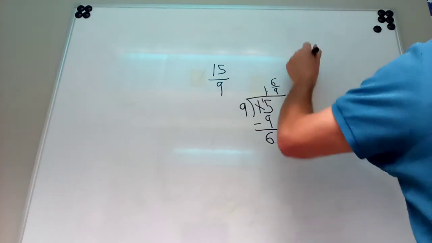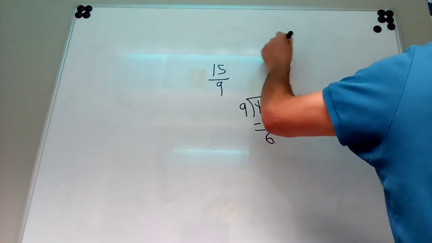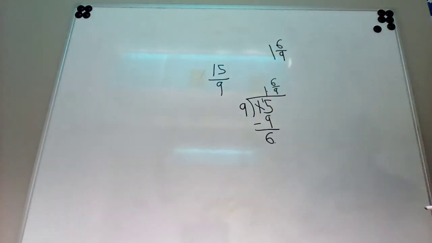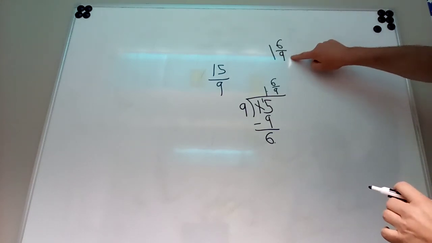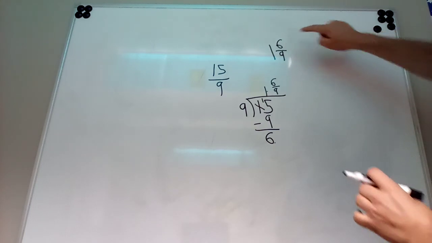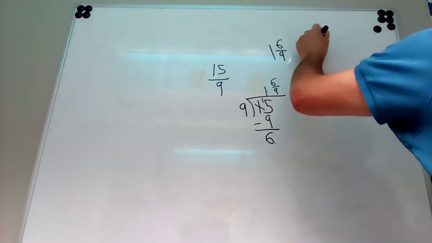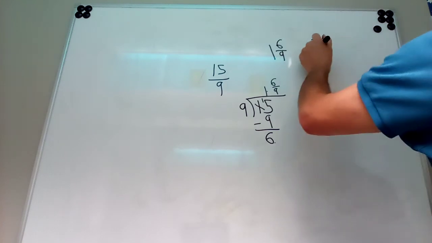Okay, so I've got 1 and 6 ninths, but now I'm going to look, will my 6 ninths reduce? Well, yes, I know that 3 will go into 6 and 3 will go into 9. So 6 divided by 3 would be 2, and 9 divided by 3 would be 3.